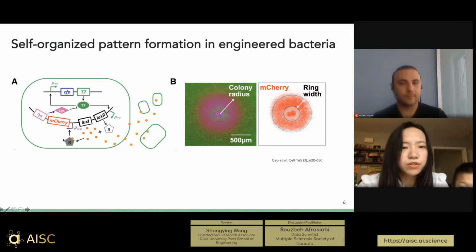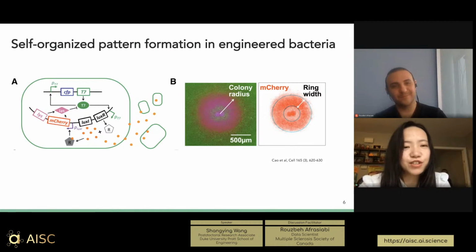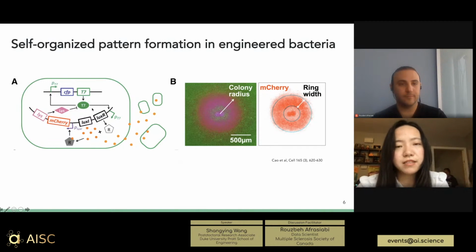Originally, we designed these gene circuits trying to mimic Turing patterns. However, we failed to do this because Turing patterns need all the components to be freely diffusible. However, T7 proteins are too big. They're stuck within the cells. So although we didn't get Turing patterns, we got these very, very cute ring-core patterns.